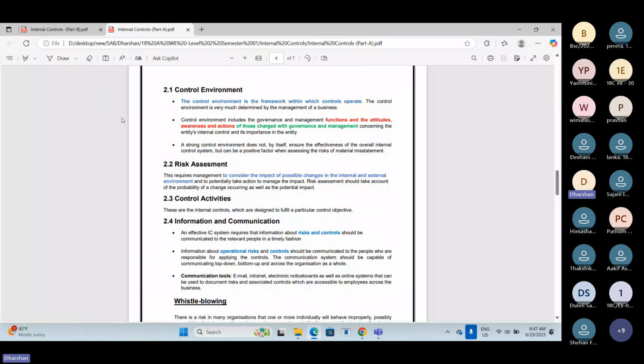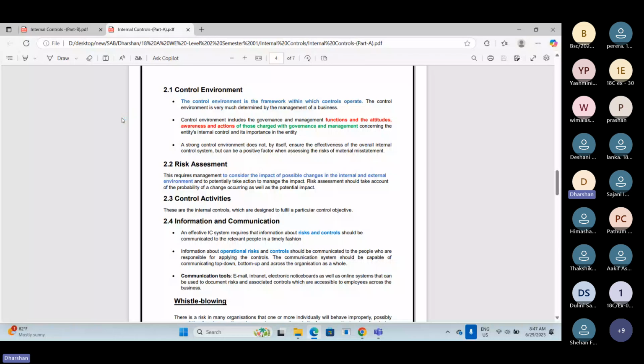Let's say A risk can take place every month, 12 times, but the impact is less. Then no issue. B risk will happen only once a year, but the impact is much higher than A risk. Then we have to focus more. So the organization should consider the frequency of occurrence of the risk and, on the other hand, the impact of the risk. This analysis, this assessment, is called risk assessment.